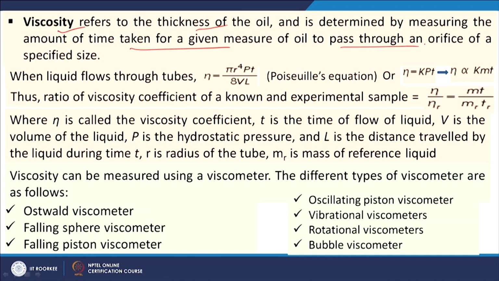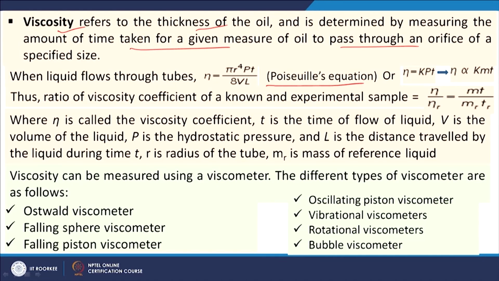For the determination of viscosity, for a simple arrangement we can pass the fluid through an orifice and measure the time it takes, because this is a flow through a narrow channel we can consider.